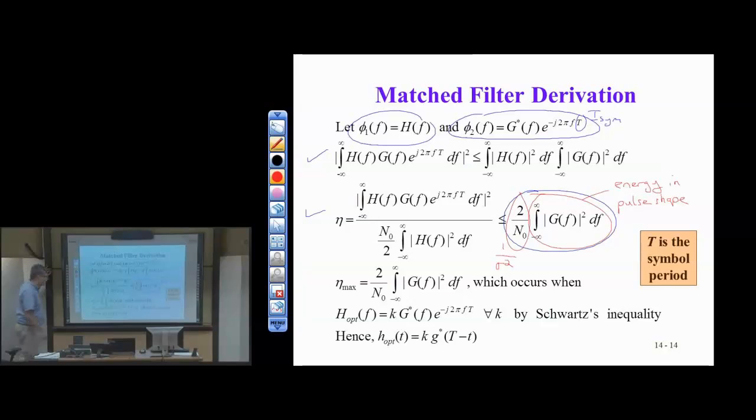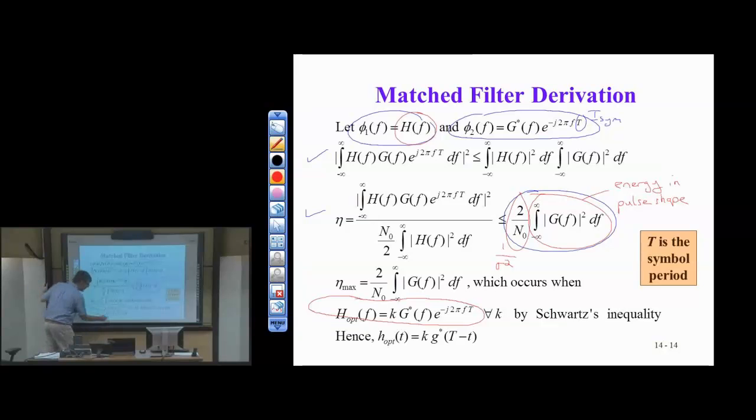That max SNR is reached when phi 1 is equal to k phi 2. And phi 1 is simply what we're looking for, which is h of f. So when h of f is equal to a scaled version of phi 2 of f, we've hit the bound. That tells us that the best match filter we can ever come up with to maximize this measure of SNR is simply k times phi 2.